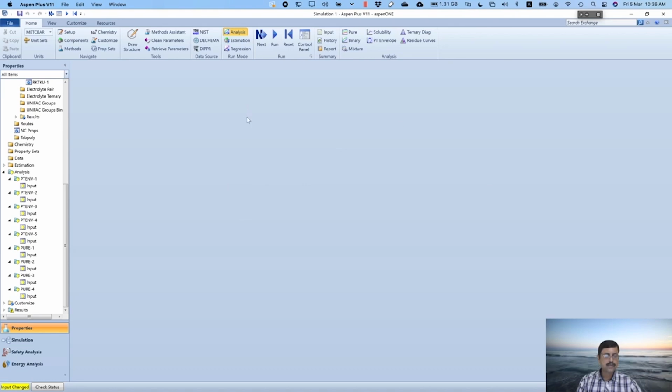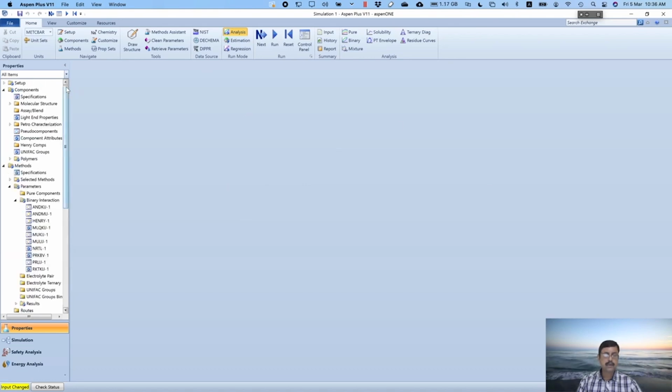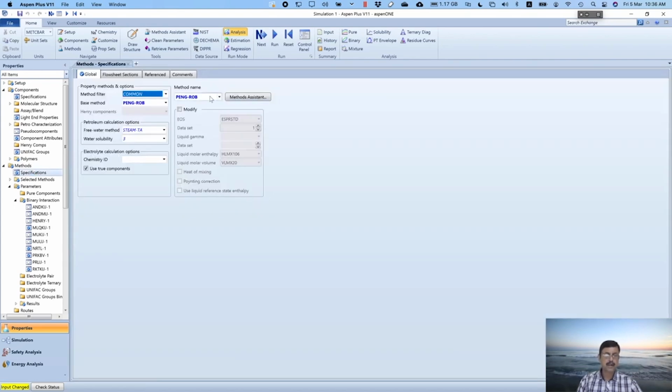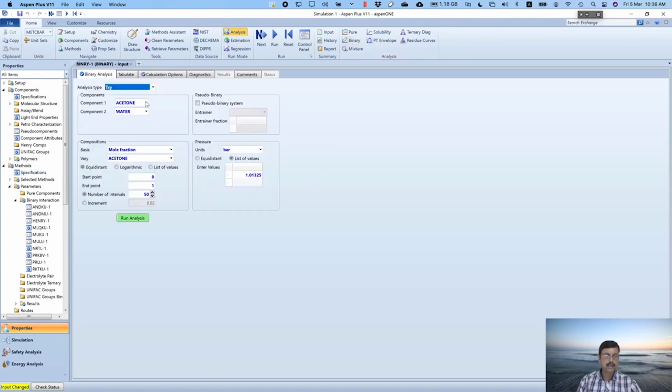Here we have to take ideal property method and binary diagram with ethane and pentane. So choose ethane, pentane.